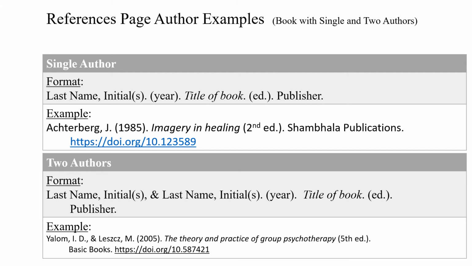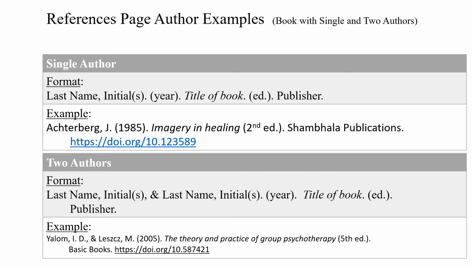This slide shows an example of a book reference for a single author. You will see the format is last name, initials, year, title of book is italicized using sentence case, meaning most words are not capitalized. Only the first word of the book title is capitalized.